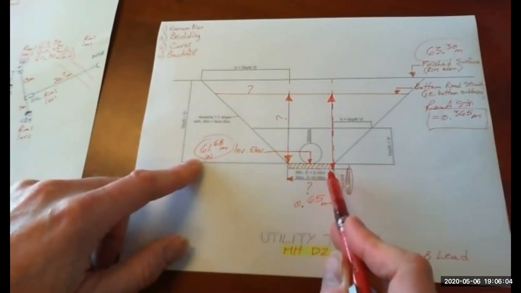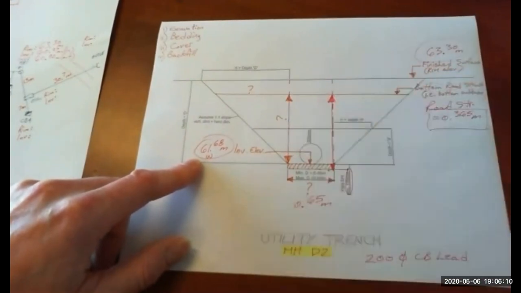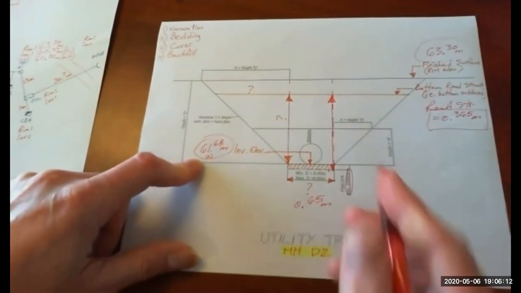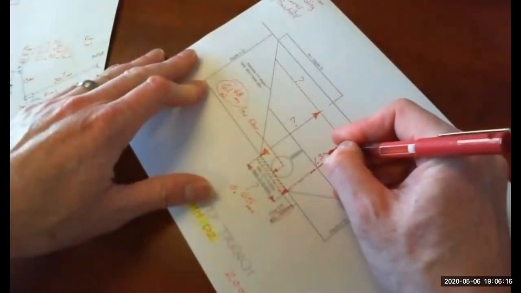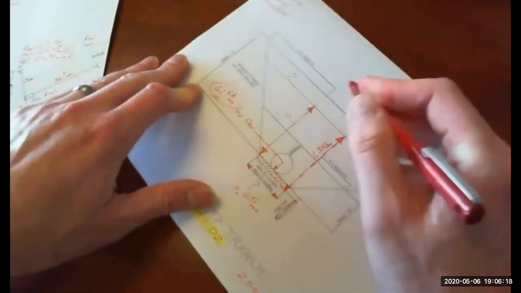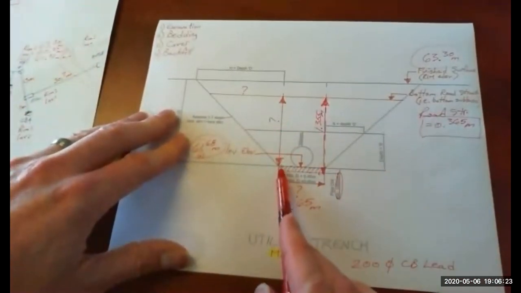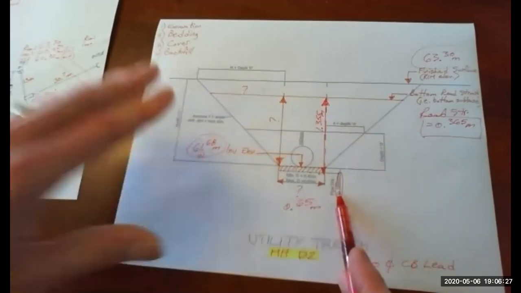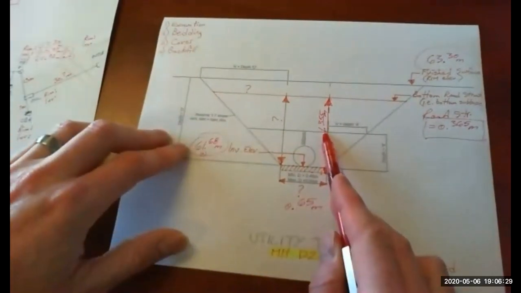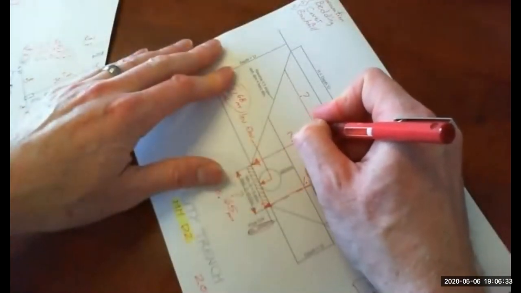So we're adding 0.1 to get to the bottom of the bedding layer to increase that distance. So 0.1 add. So this distance is 1.355 meters. This one over here to the top of the bedding layer is simply this number minus 0.1. So that's 1.255.